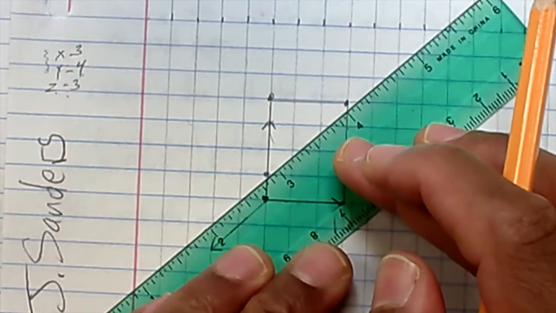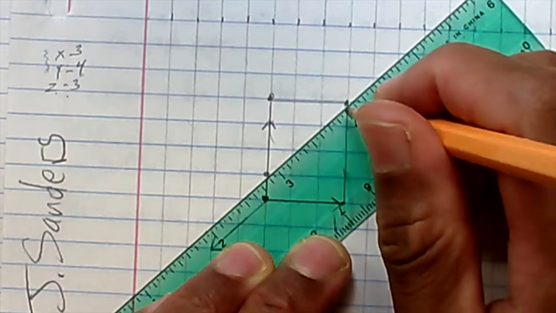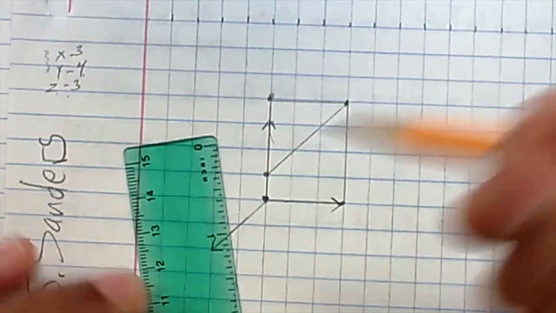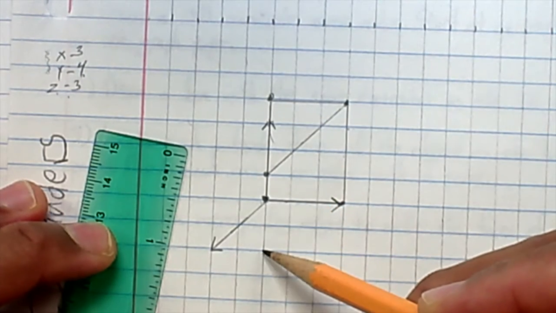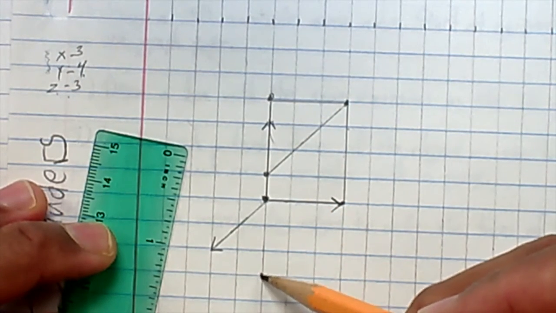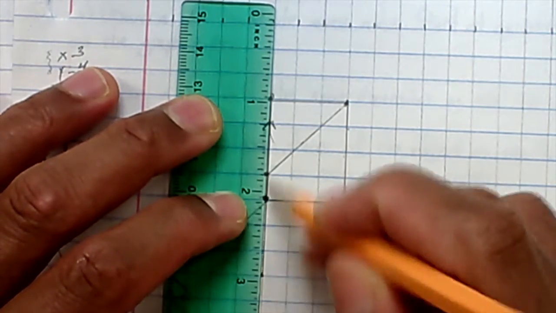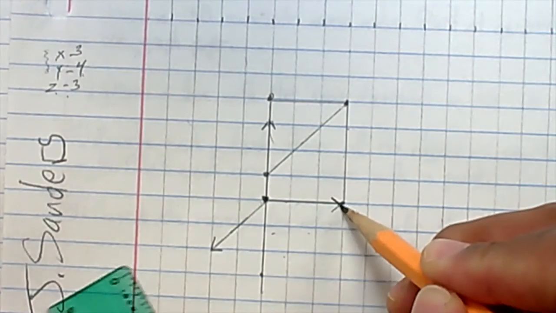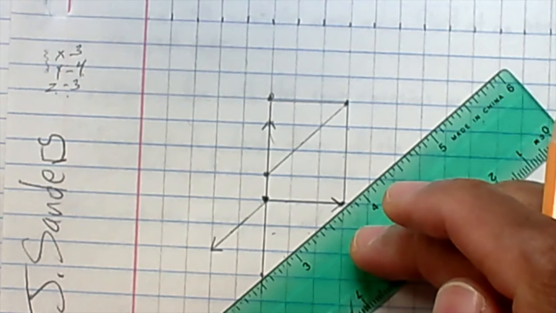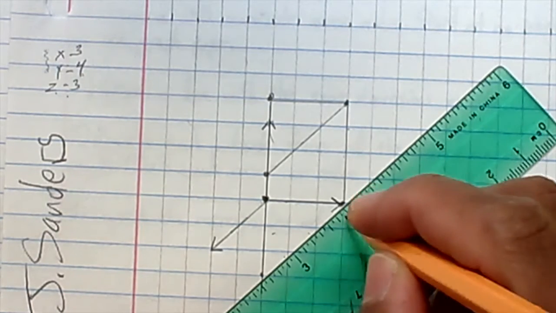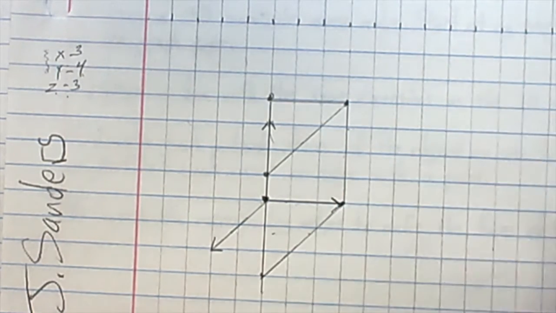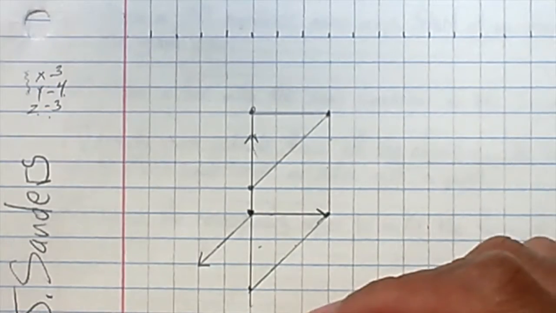I'm just going to draw that line. And then 1, 2, 3, 4 in the Y again, I'll be here, and then 1, 2, 3 in the Z. So that is my YZ plane.